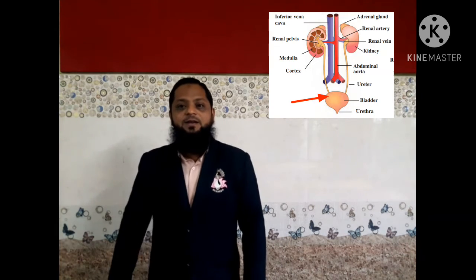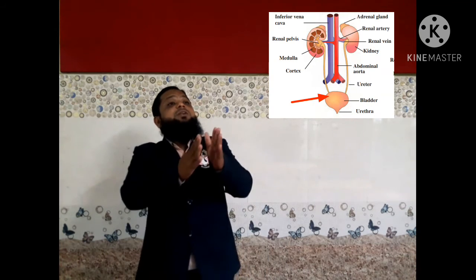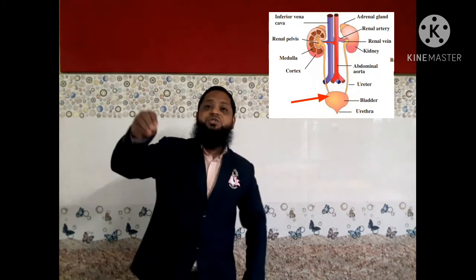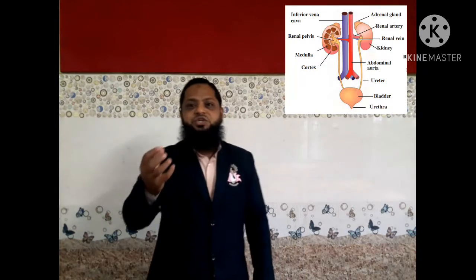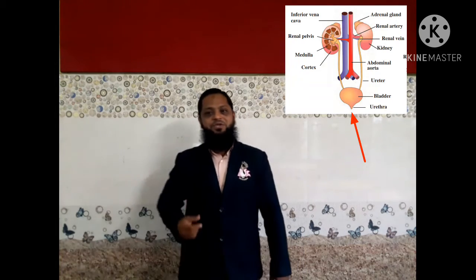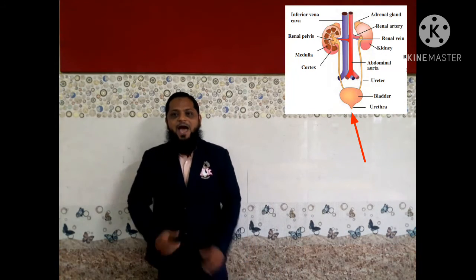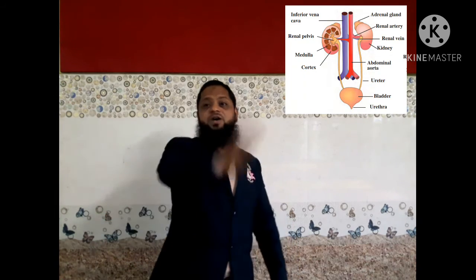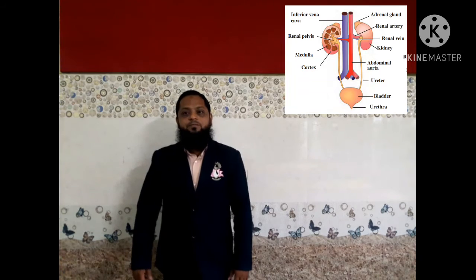The urinary bladder is a muscular sac-like structure which stores urine. The next part of the excretory system is the urethra. This tube arises from the urinary bladder and helps to expel urine out of the body.